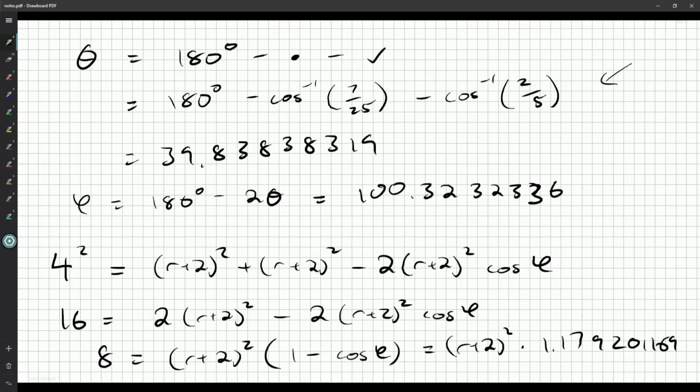And then divide 8 by that. And we get 6.78425379 should be my r plus 2 squared.